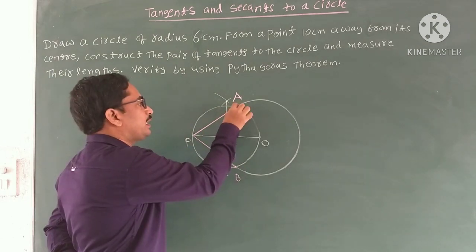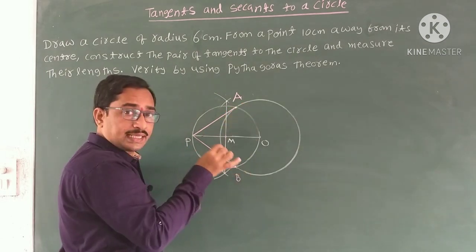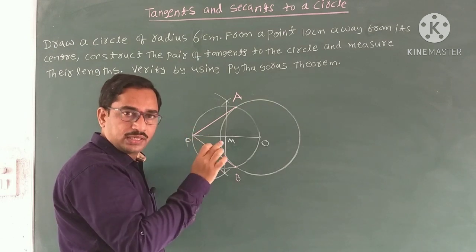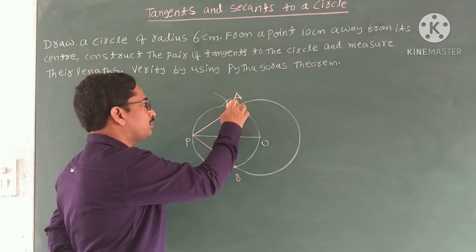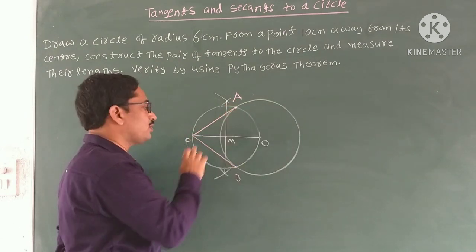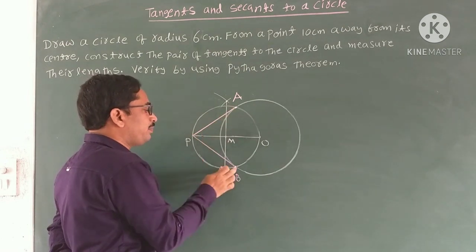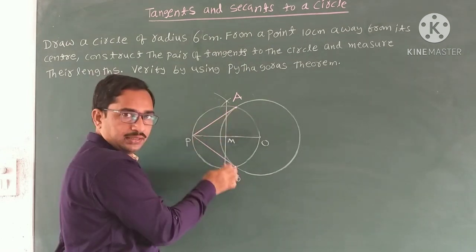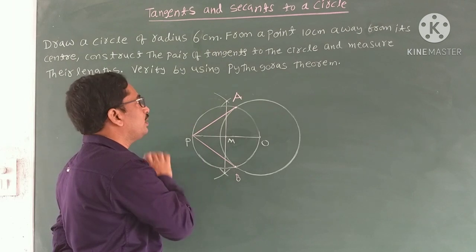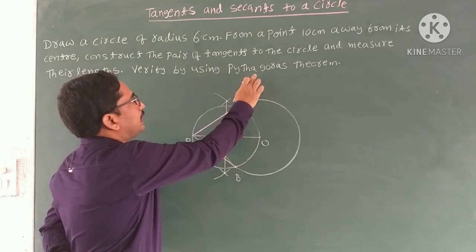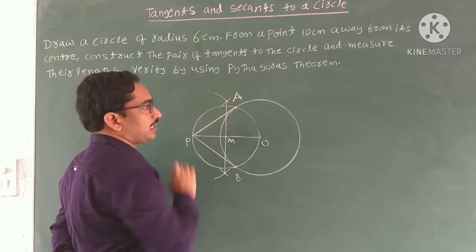Locate the points of intersection of the two circles as A and B. Now join PA and PB. Now verify by using the Pythagoras theorem.